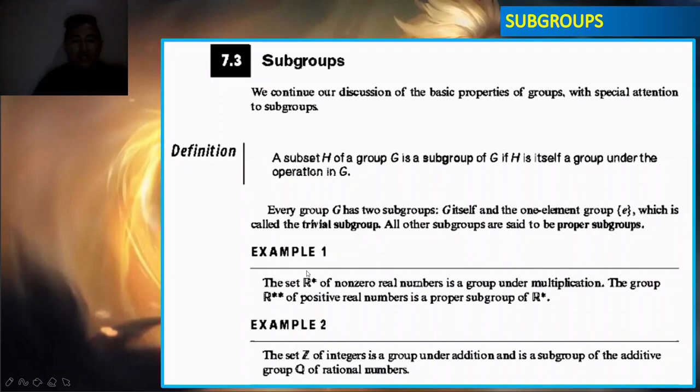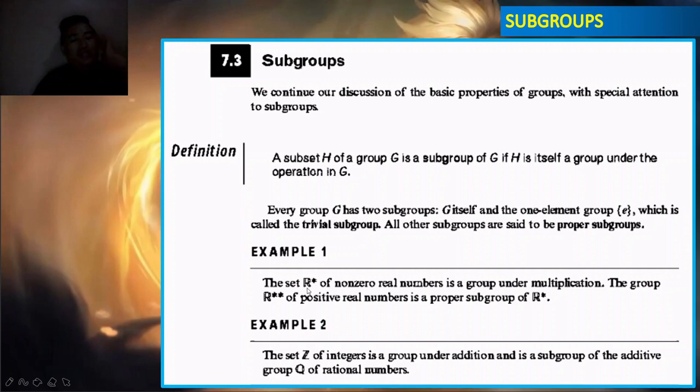The set R star of non-zero real numbers is a group under multiplication. The group R star star of positive real numbers is also a group under multiplication. R star star is only the positive real numbers, while the non-zero real numbers are more, since they include the negative real numbers. So R star star is a proper subgroup of R star, since it is a subset of R star.